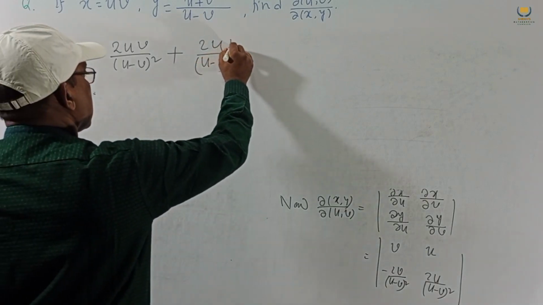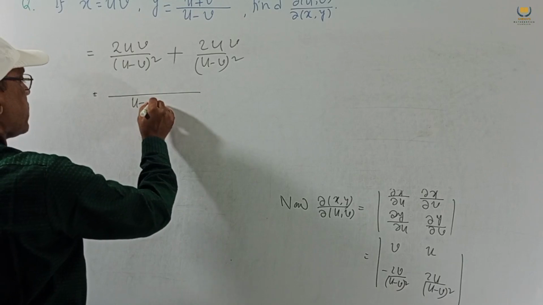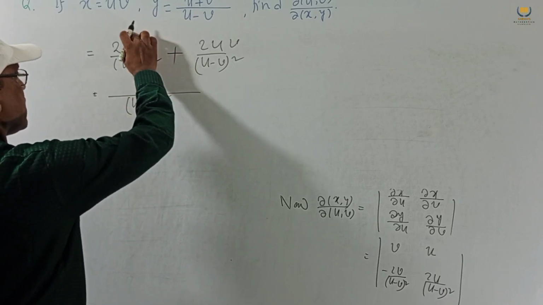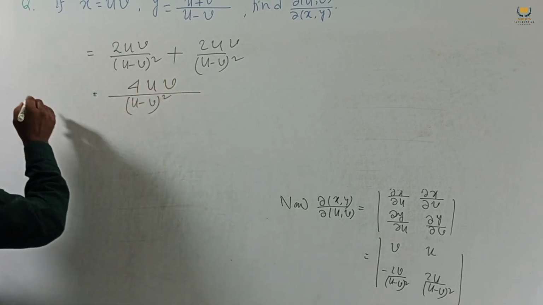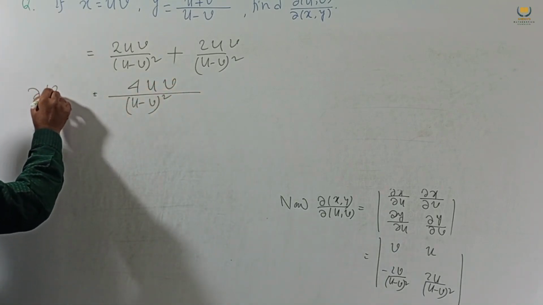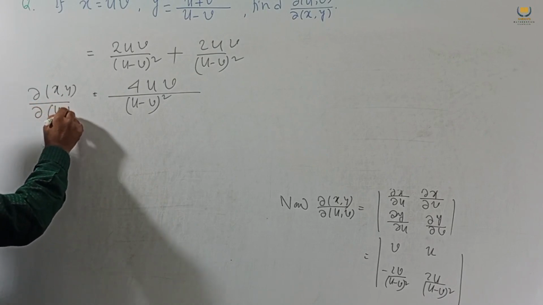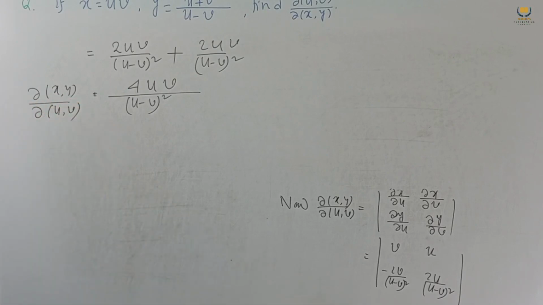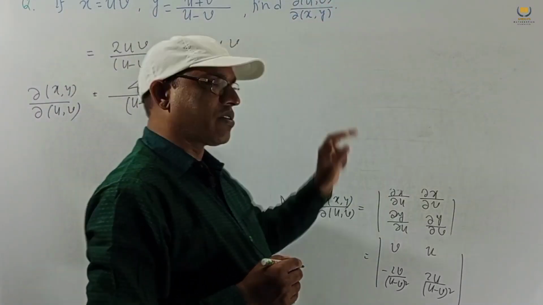Taking the LCM, (u minus v) whole square, and twice uv plus twice uv is 4uv, so del(x, y) by del(u, v) is this, our answer. But actually our requirement is del(u, v) by del(x, y).